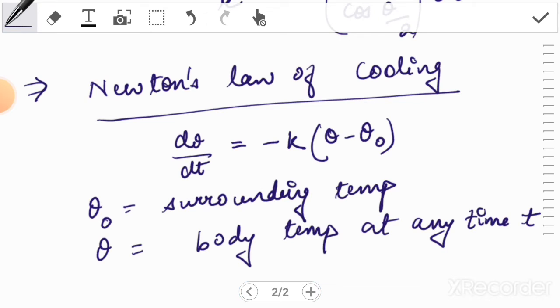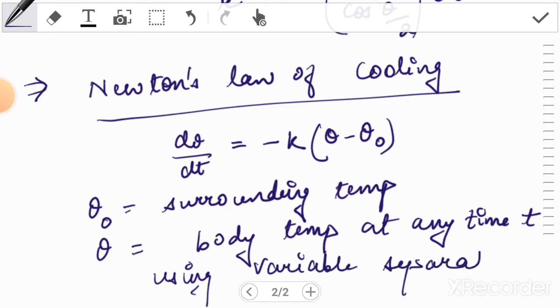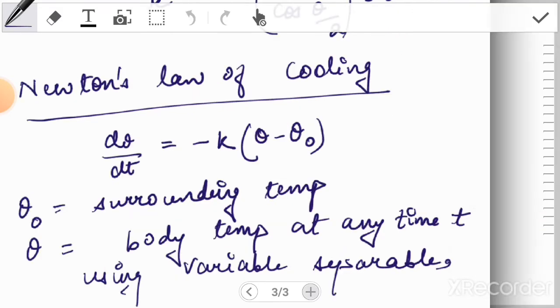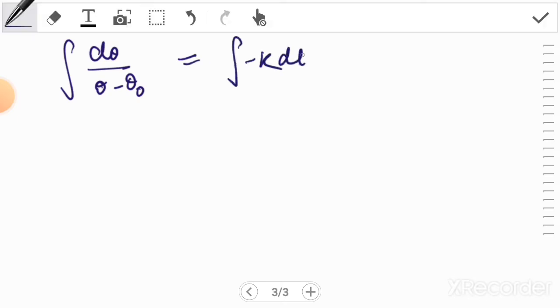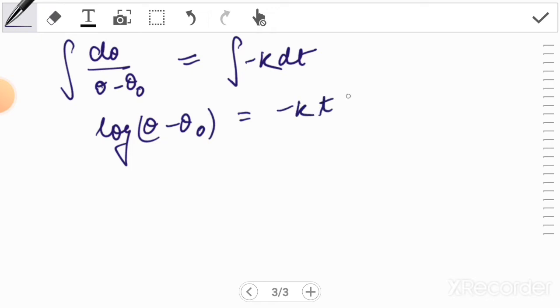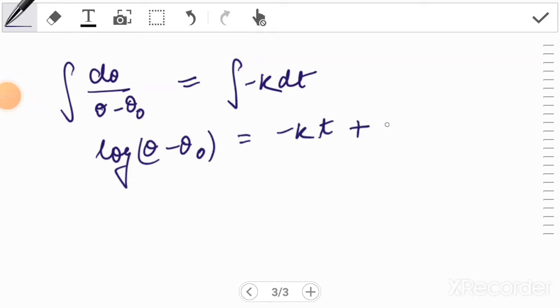Now, using variable separable, we can write this as integral d theta by theta minus theta naught is equal to integral minus k times dt, which will be equal to log of theta minus theta naught is equal to minus kt plus some constant.